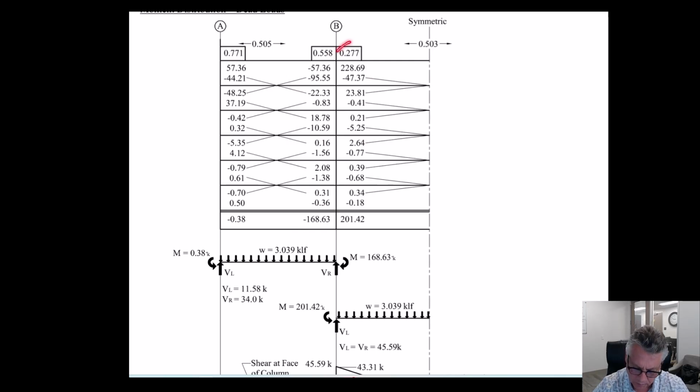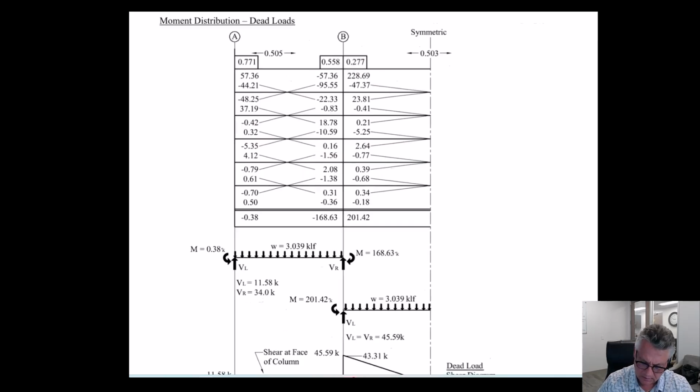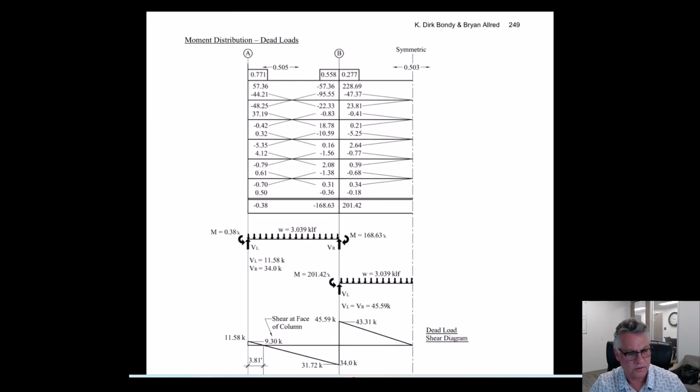Maybe not this one, but anyway, you need a little bit more moment distribution to converge. It converges fairly quickly. We're at some larger numbers, and we get to some much smaller numbers pretty quickly. But the point is that the columns aren't nearly as stiff and aren't doing as much work and taking out as much moment on each distribution as they did in the beam example.